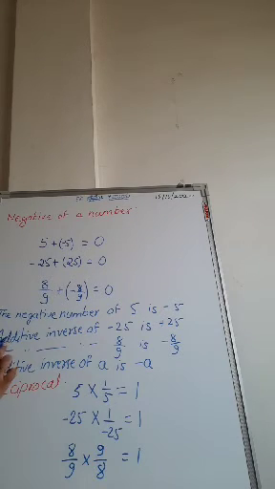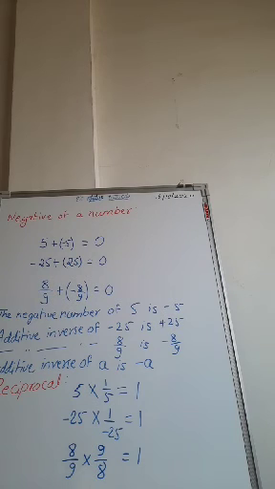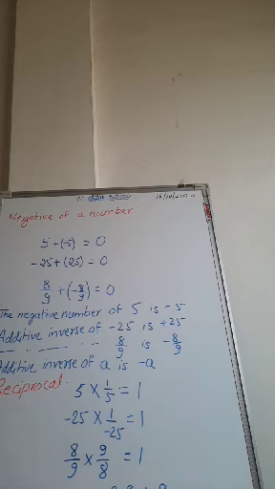Or we can say like additive inverse, the multiplicative inverse of 8 by 9 is 9 by 8.